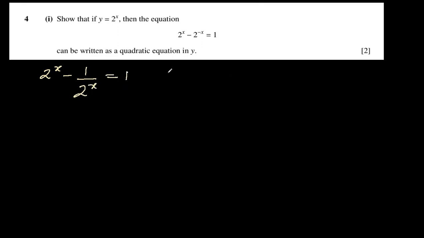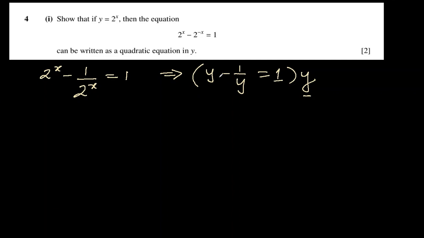And now we will substitute 2 to the power x by y. It becomes y minus 1 over y equal to 1. So whenever you have a denominator with one of the terms in an equation, you can multiply by that denominator so that it gets cancelled out and we are left with no denominator. That is what we want.